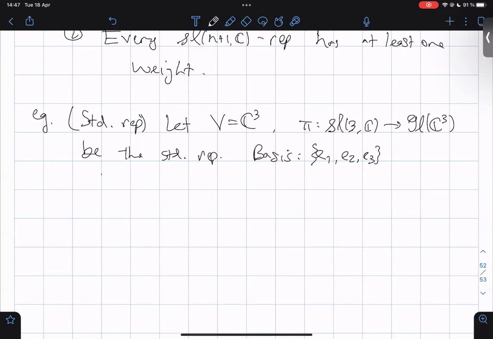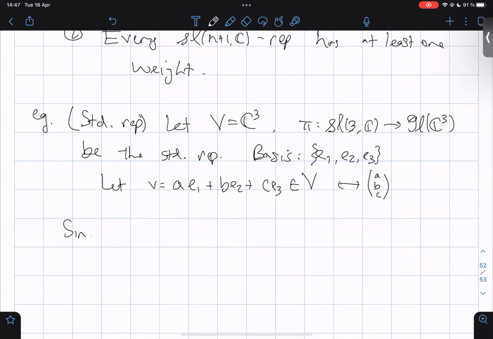So you can take a general vector and represent it in column notation with respect to that basis, E1, E2, E3. What does this representation look like? Well, I want to restrict it to H, right?